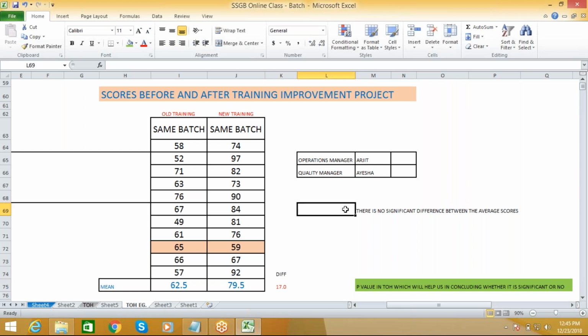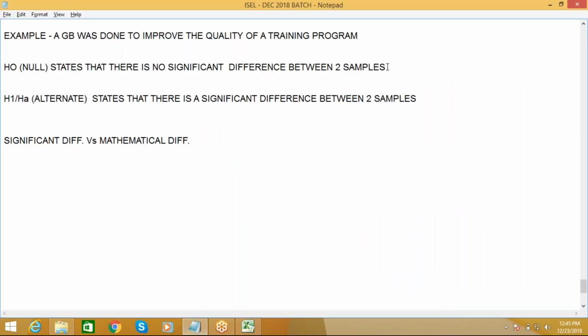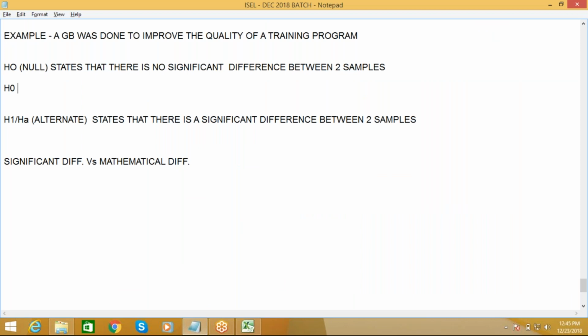Yes? So I'm giving you some practice on how to choose the different hypotheses. Whichever stands for equality, right? So null is nothing but it's standing for equality, right? So I'll also put that point into the notepad, that null always stands for equality. H naught stands for equality.